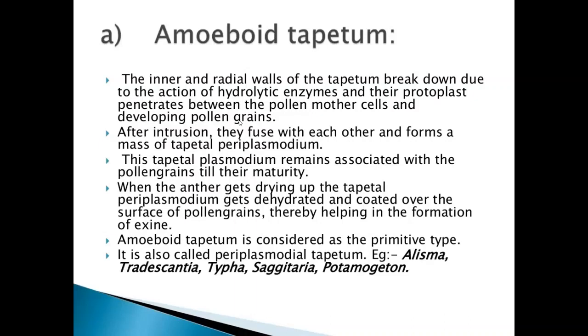Amoeboid tapetal cells are formed from the immature tapetal cells, for example in some lower dicotyledons and some lower monocotyledons. At the same time, the secretory or glandular tapetal cells develop from mature cells.